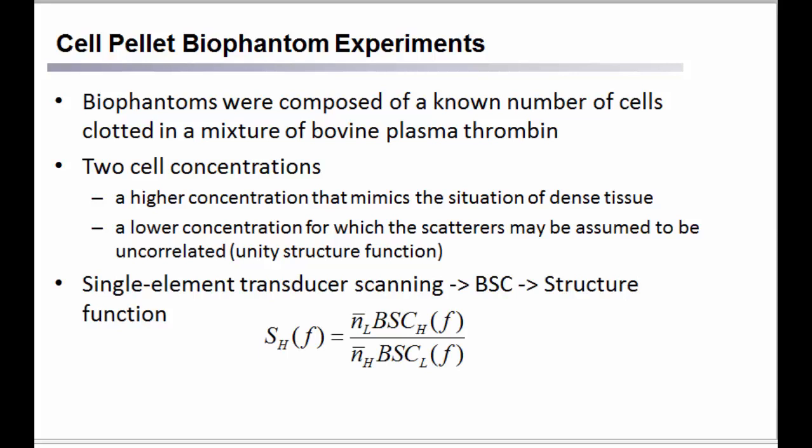We estimate backscatter coefficient using single element transducers and we estimate structure function from the backscatter coefficient results. We also process the biophantoms after scanning, and we repeat the experiment on 3 cell lines, and we also have multiple realization for each cell line.